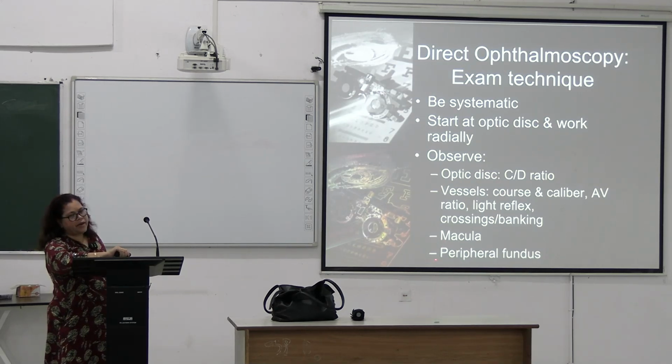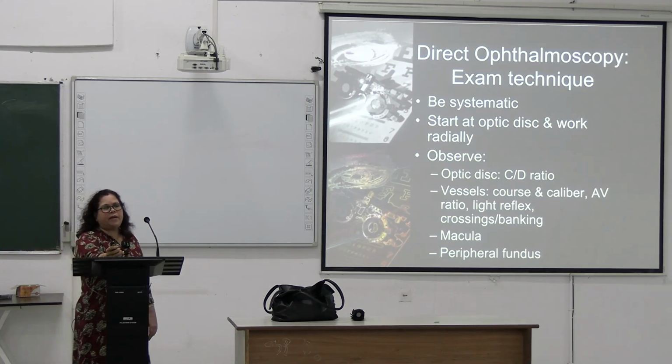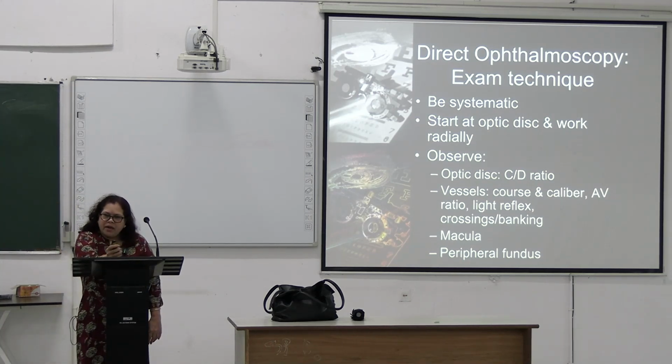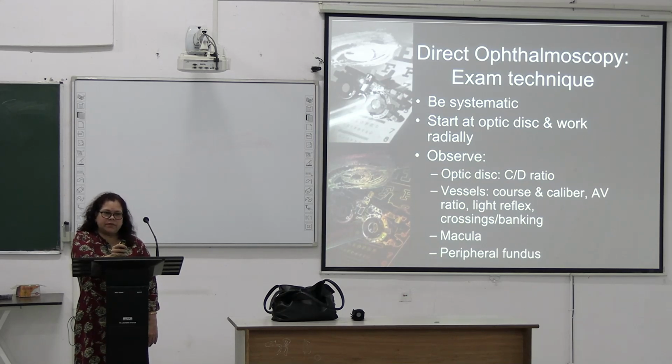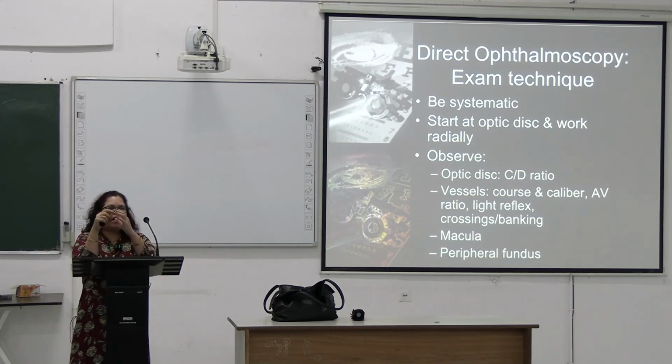Then peripheral fundus. Through direct ophthalmoscopy, we examine beyond the equator, and magnification is 15 times. So magnification is more, so we examine less field. If magnification is less, then we examine a large field.